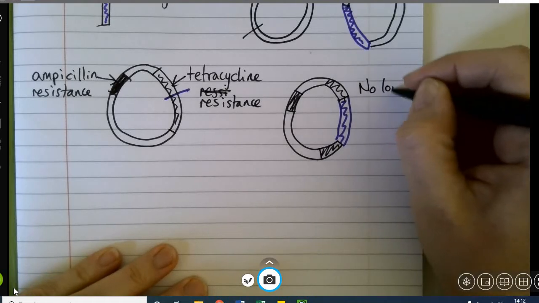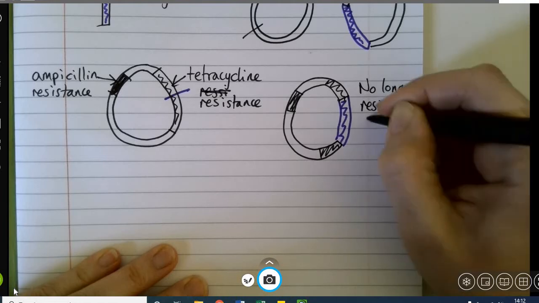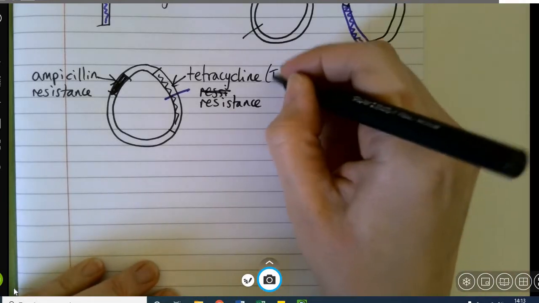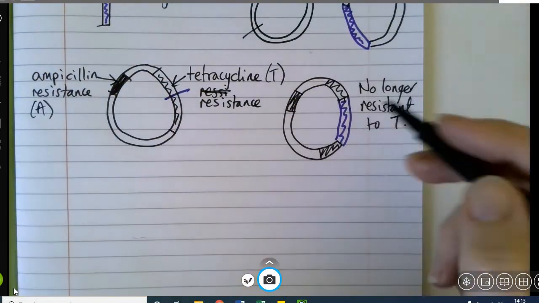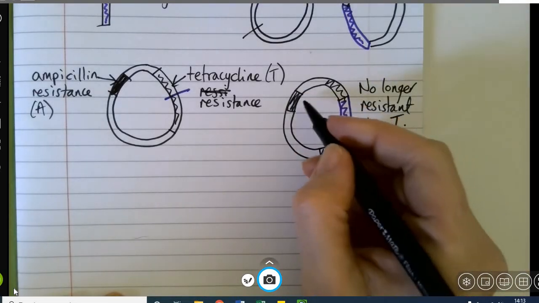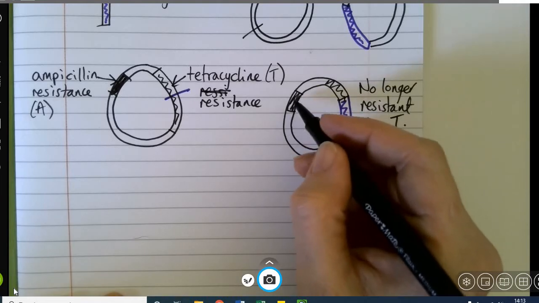So no longer resistant to, I'm just going to call it T in this case. Let's put brackets T there, and we'll call this one A. But it does still have the ampicillin resistance gene, and that's not been interrupted, so it's still making the product needed to be resistant to ampicillin.